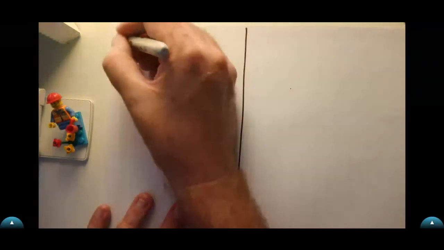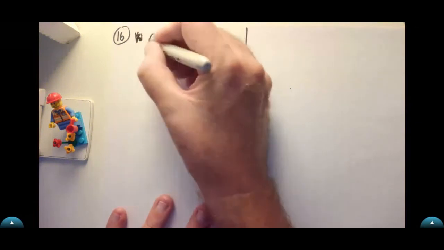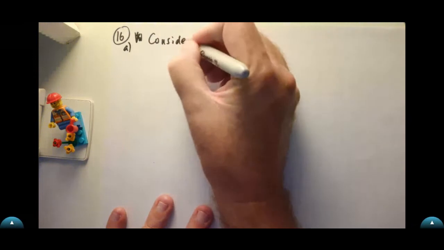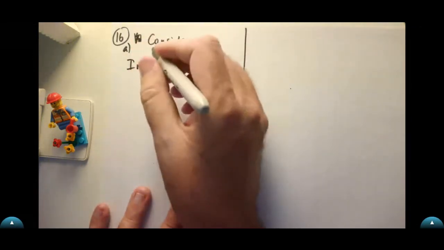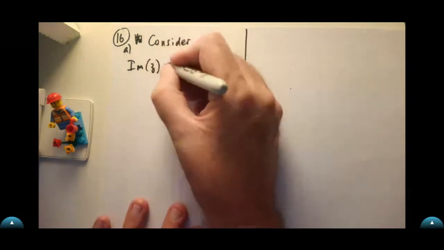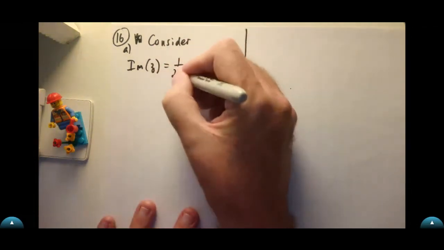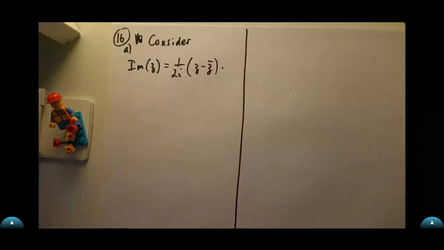Okay, so this is 16, and let's look at part A first. So consider, please, the imaginary part of z. We want to prove this. How do we do it?